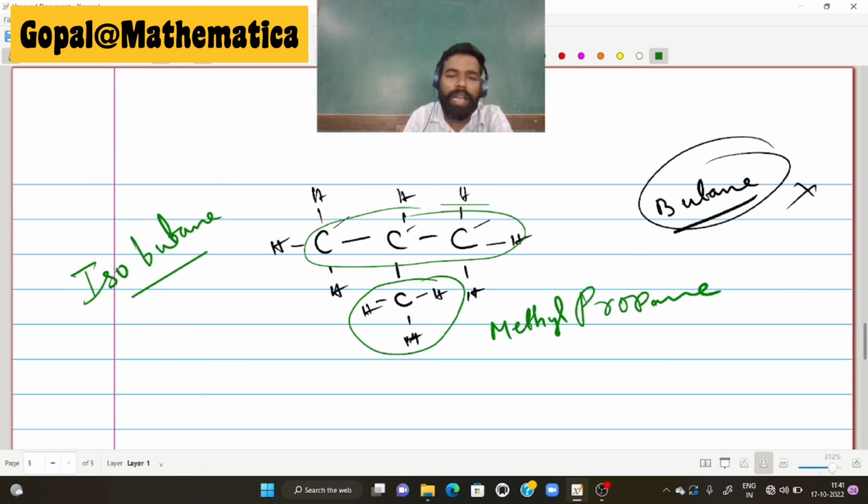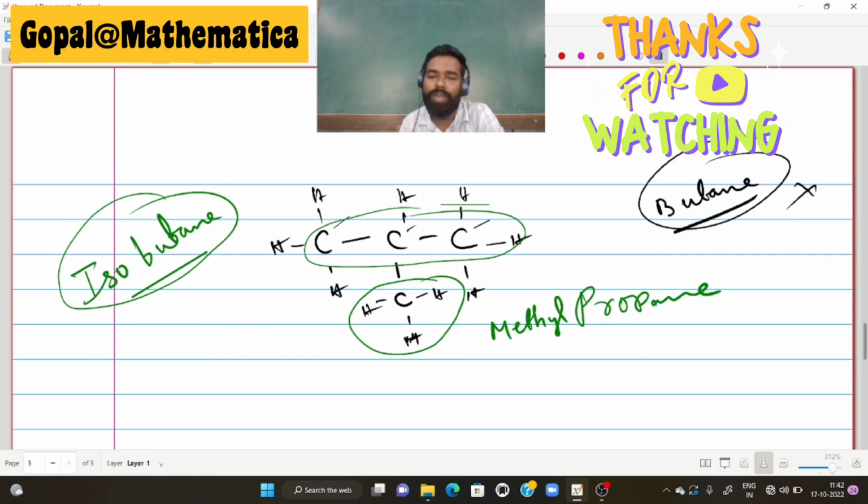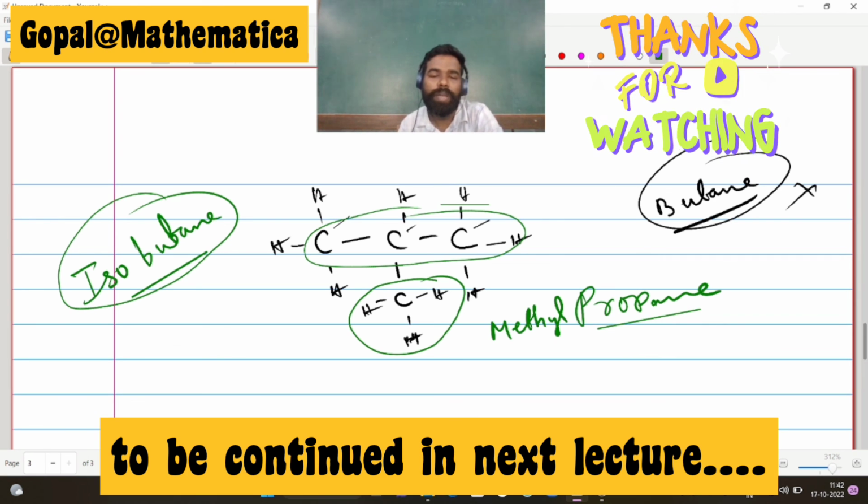So whenever there is a hanging position, you can call it isobutane, or you can make the extra element which is not there in the long chain the guest, and the rest is the straight chain. That is three carbons in the straight line. We call it prop, so it becomes propane, methyl propane.